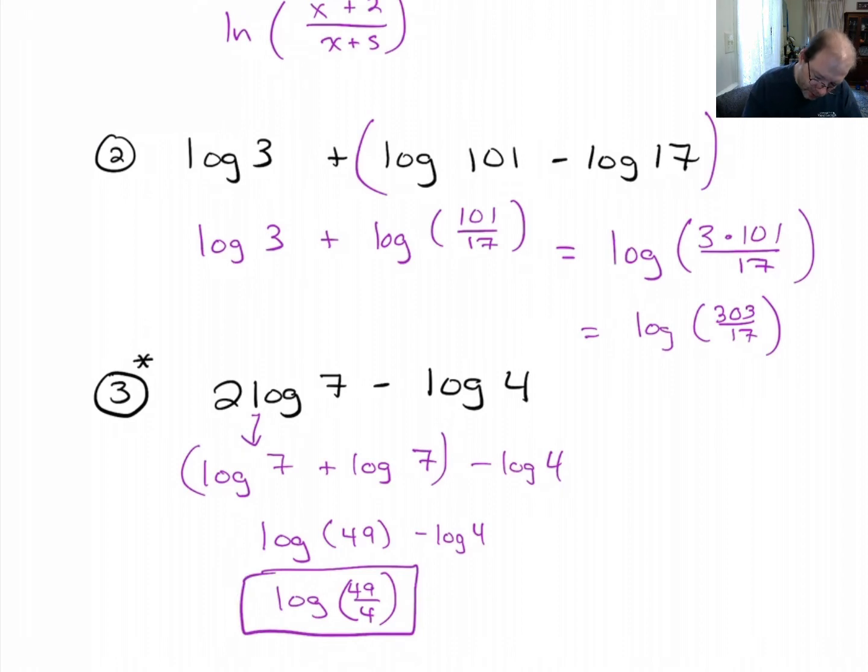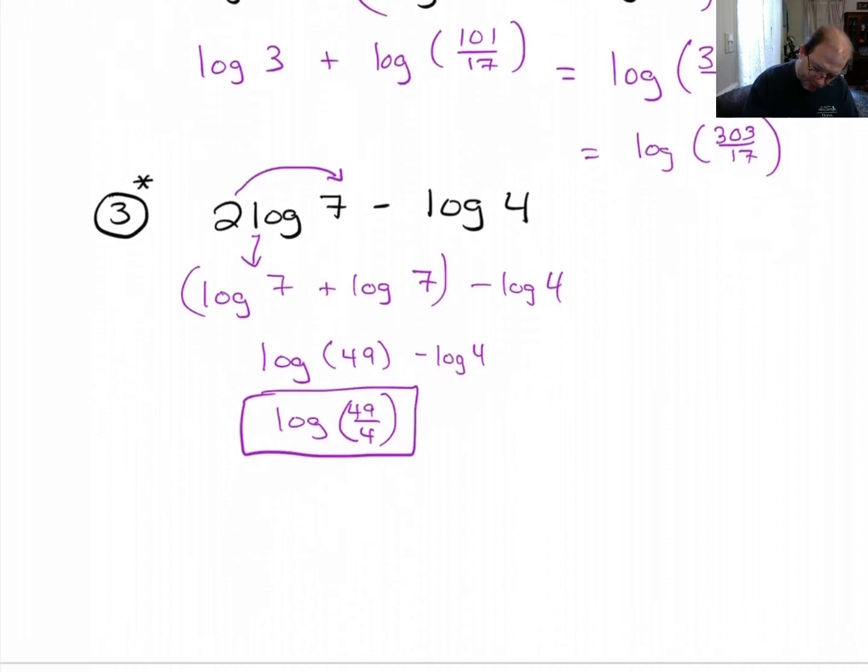And again, we could have done this by taking the 2 and moving it up top, because it winds up becoming an exponent instead of a coefficient. Because we split it up like this, we've got 2 log 7s, so we multiply 7 together twice, and we get 7 squared.